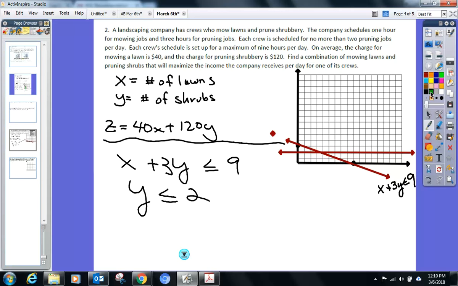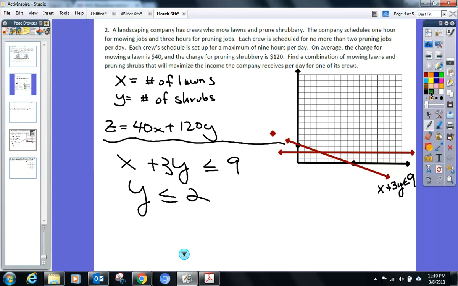And if you don't like finding the intercepts, you can always solve for y and do slope and y-intercept. If you'd rather graph a line that way, that's fine. You can always get it into y equals form, graph the y-intercept, then use the slope.